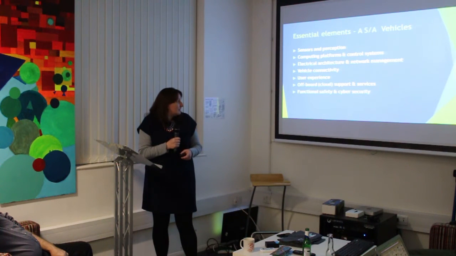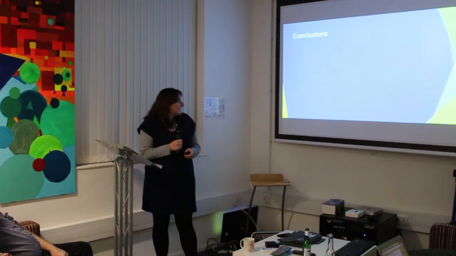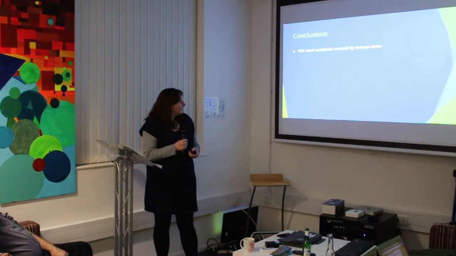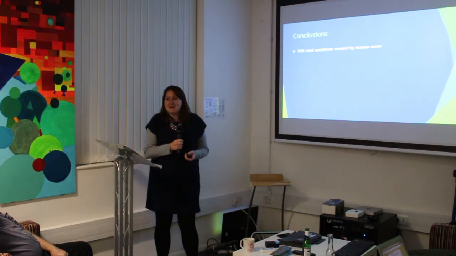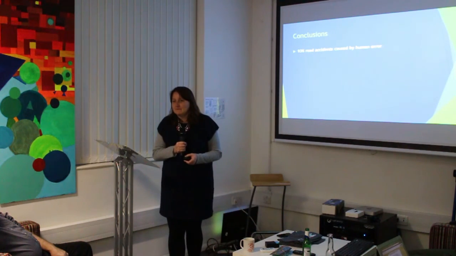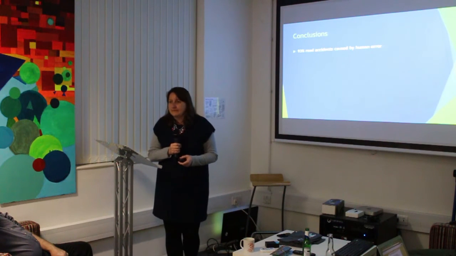How we secure that. Functional safety and cybersecurity. You can spoof anything. You can hack anything, pretty much. We just need to make sure that we put enough controls in there to do it. Okay, so all I'm going to say is, humans, we are bad drivers. 93% human error.